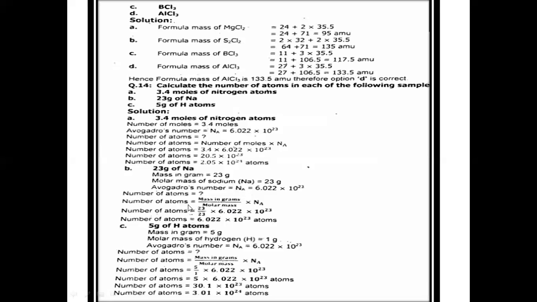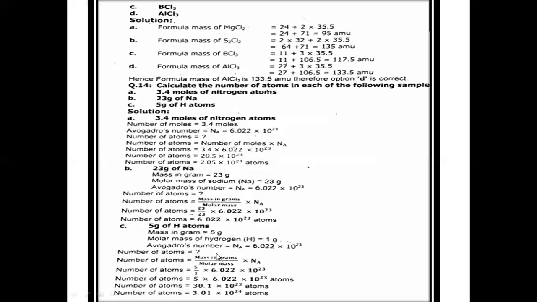Or you can directly use this formula: number of atoms is equal to mass in gram over molar mass into Avogadro's number. Mass in gram is 23, molar mass of sodium is 23, and by multiplying it with Avogadro's number, you will get the answer 6.022 into 10 raised to power 23 atoms.